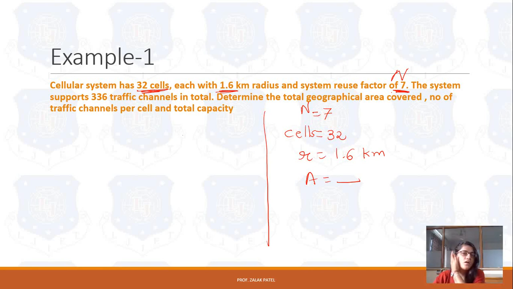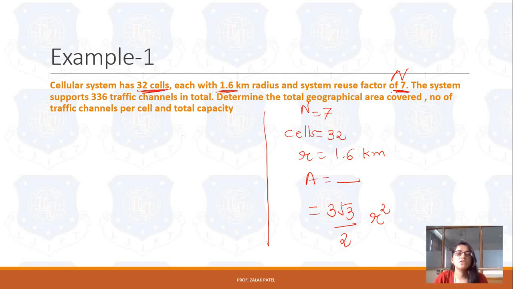To calculate the total geographical area, the cellular system uses a hexagonal shape, so we consider the shape of a hexagon. The area of a hexagonal cell is given by 3 root 3 by 2 into r square.